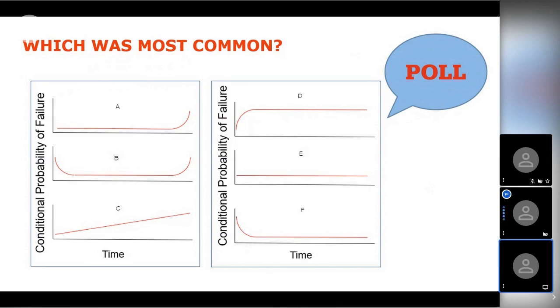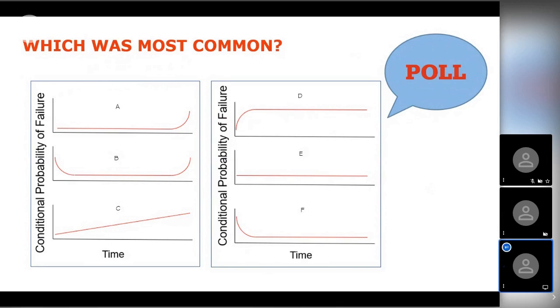We've got them. Okay, so the most common answer was B, with 53% of people going with that answer. Second was C with 13%, and then D, 8% of people went with that, and then E was 9%, F was 10%.